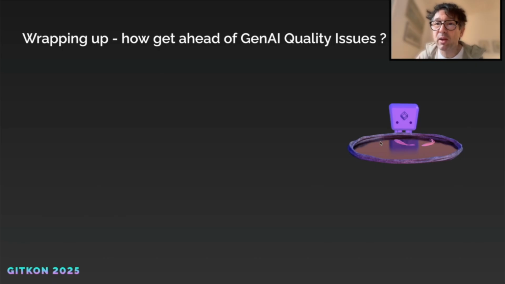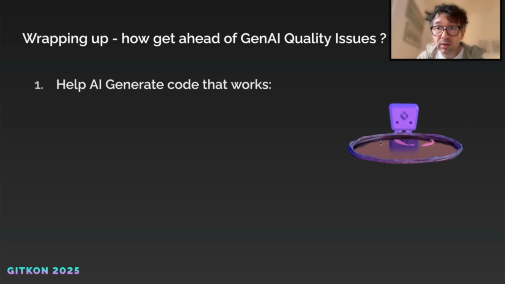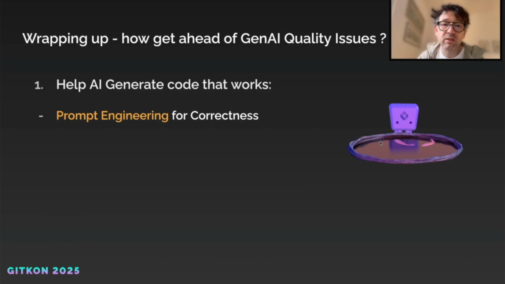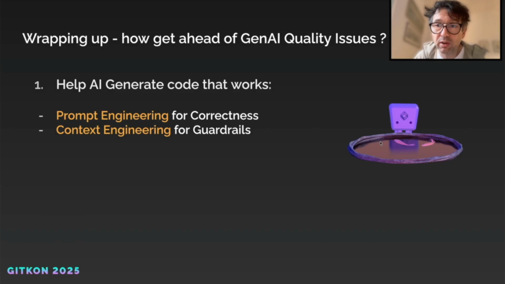So let's wrap that up, just to look at the things I've talked about. One really important thing is shifting left, super left, to help AI generate code that works. This is about prompt engineering for correctness. It's about context engineering for guardrails. And there are great tools out there to help you. AI in itself is great at helping you create good prompts and with context engineering.